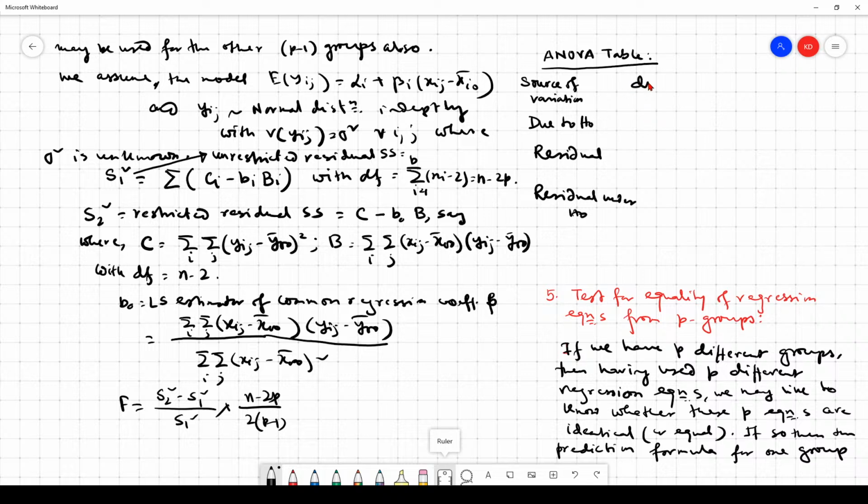The degrees of freedom are 2 into P minus 1, and n minus 2P.